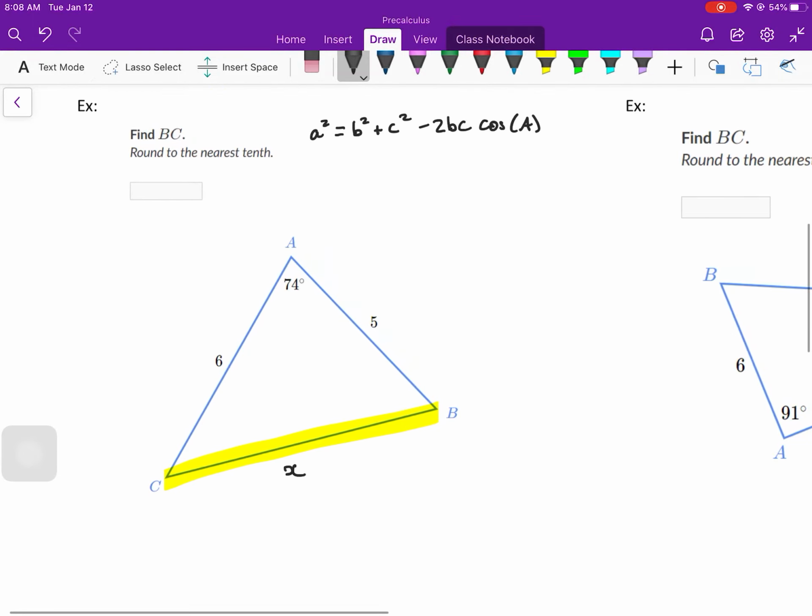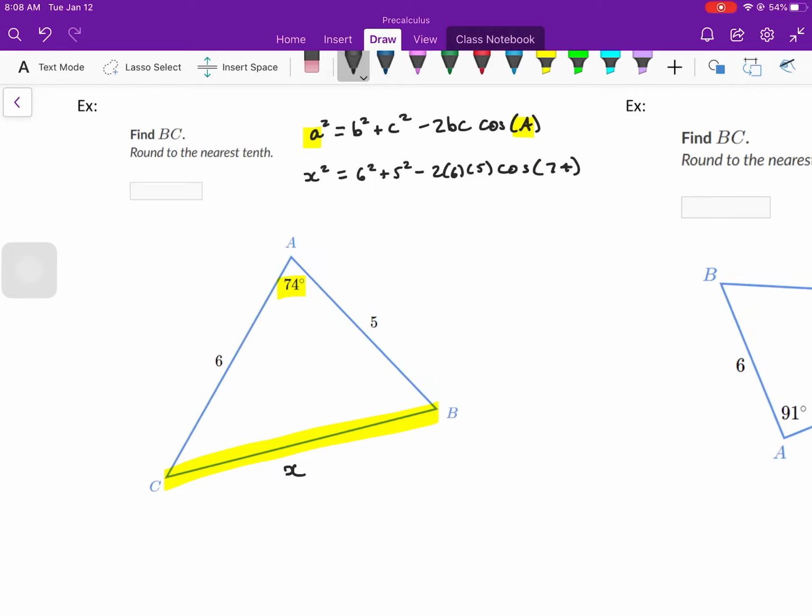You say, well, you're a math teacher, that's why. Maybe, but it's also not too bad to memorize if you just think about it a little bit. So remember that these are going to be the angle opposite of the side we're trying to find. So we're going to say x squared equals, it doesn't matter what b and c are, 6 squared plus 5 squared minus 2 times 6 times 5 times cosine of 74.